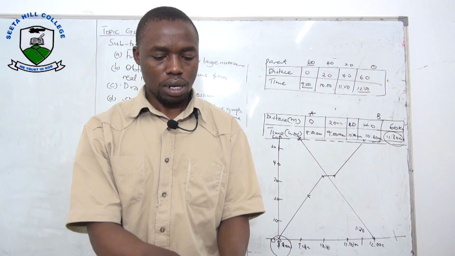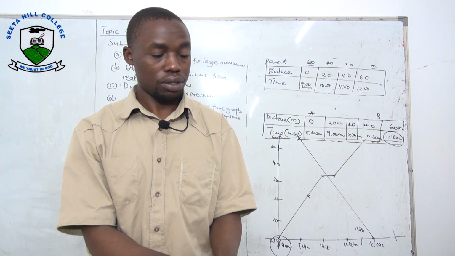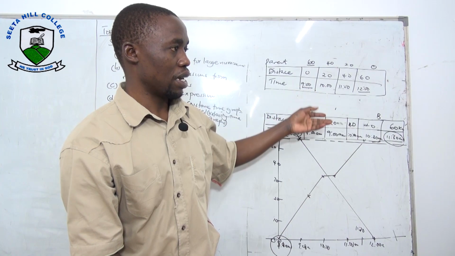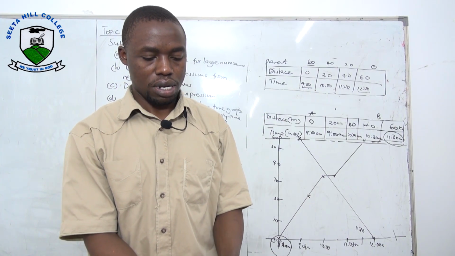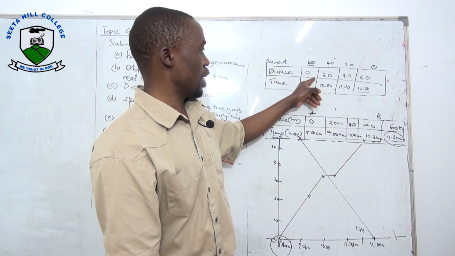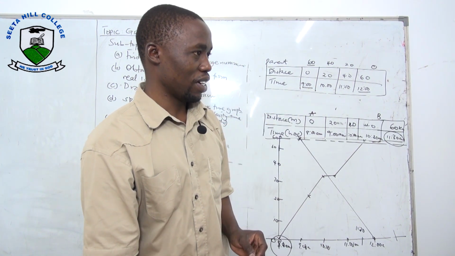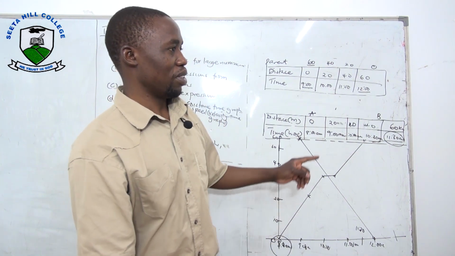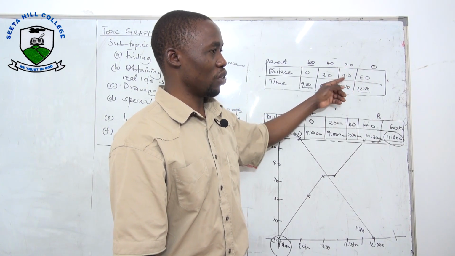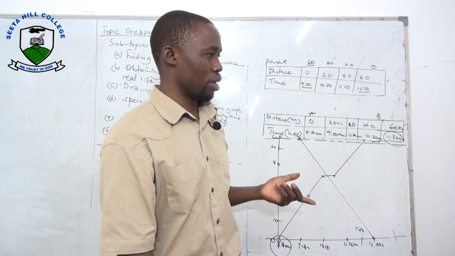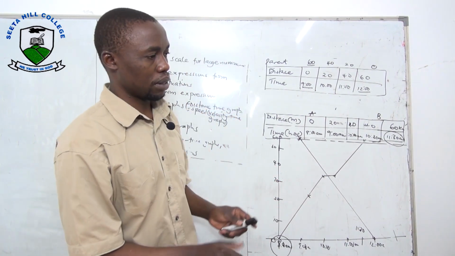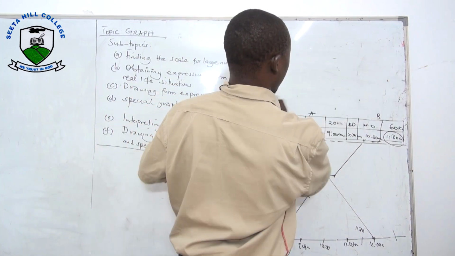There is something that I did not mention here: equal distances covered after equal time intervals. Like now, this is 20 meters every 1 hour, we can say 20 meters per hour. That is speed, not so? Yes, that is speed. Okay?